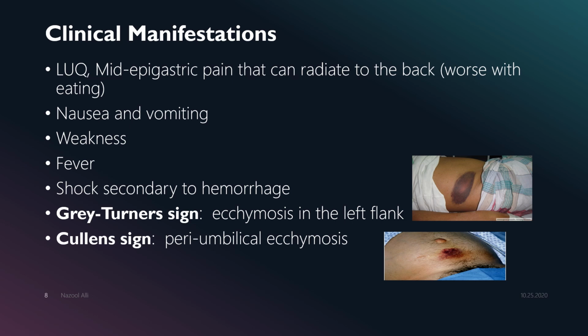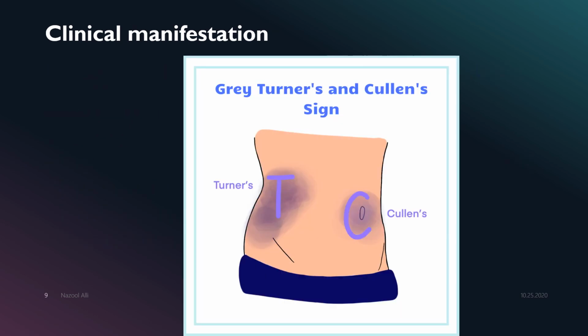I really find this one helpful for remembering where the Gray-Turner and the Cullen sign are. If you put a C where the periumbilical area is, C for Cullen's, C for bruising around the periumbilical area, and the Turner sign, you can imagine a T being marked on the flank or on the side. That's the Gray-Turner sign that you're seeing in your patient.